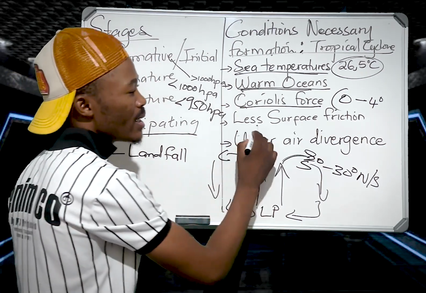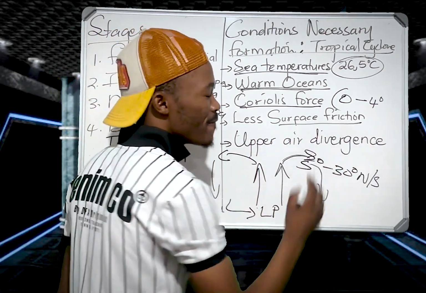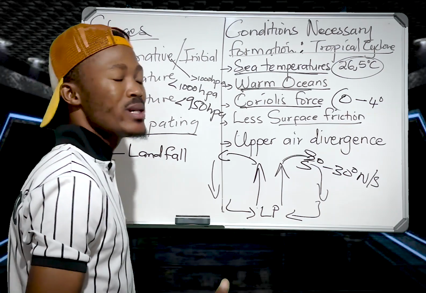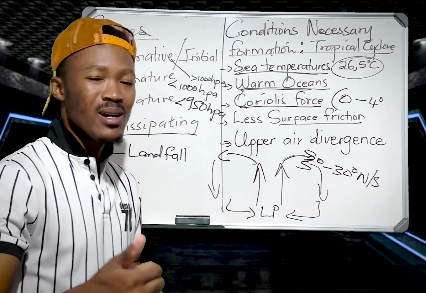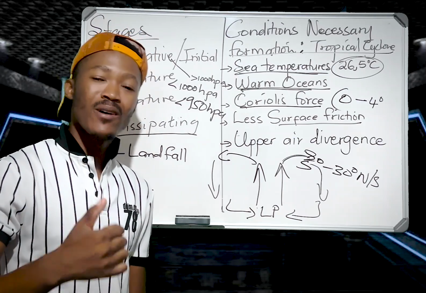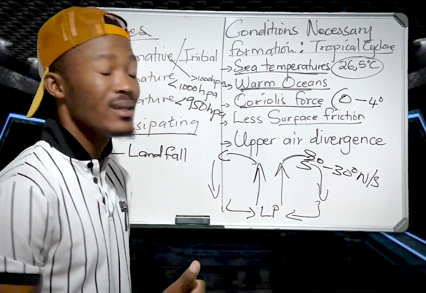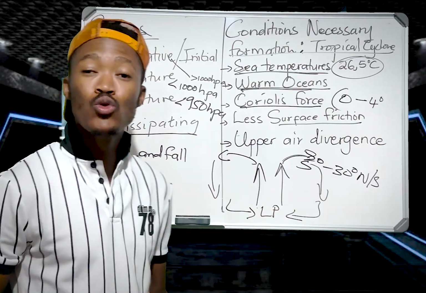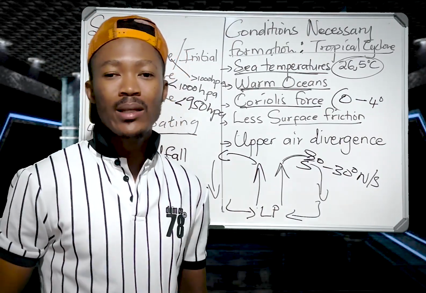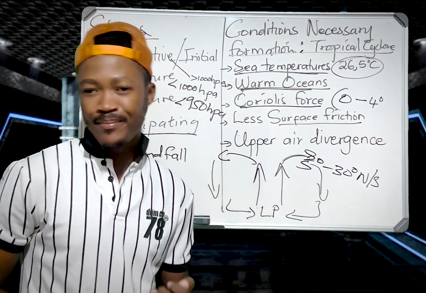Over the land, there is more surface friction, which is going to slow down our tropical cyclone. There is no moisture, therefore, the level of latent heat available over the land is very low. As a result, our tropical cyclone starts to lose momentum and eventually it dies out.